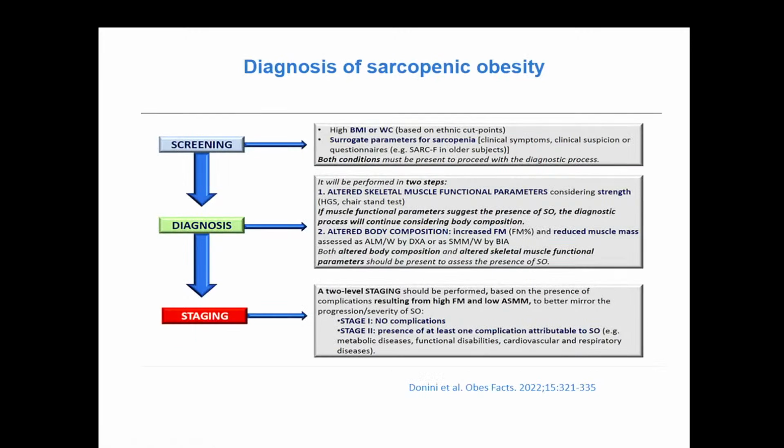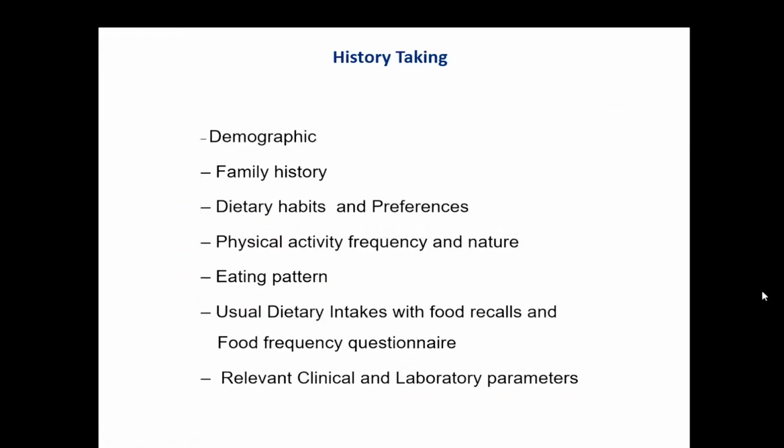Mechanisms have already been discussed, and this is how it is recommended again. So going back here, we have to screen with an initial functional assessment to say that the patient is sarcopenic, then go on to a detailed body composition analysis, DEXA scans, which can tell us and stage the patient based on the complication. This has already been discussed.